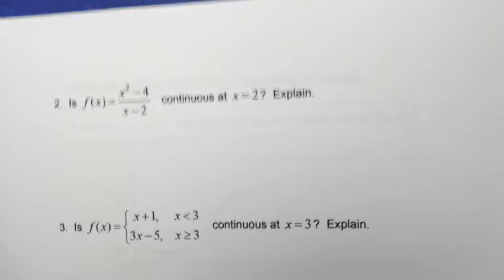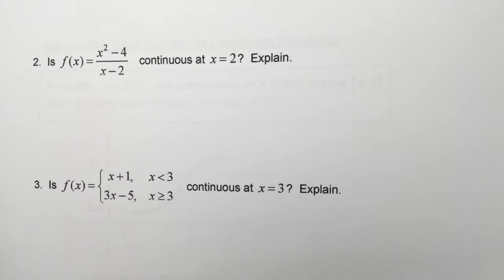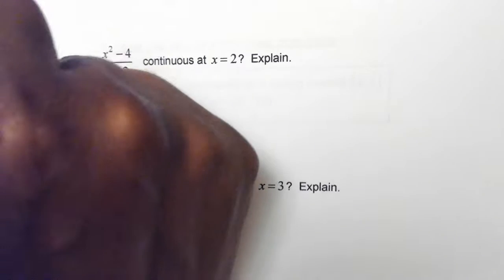Okay, so for problem number 2, we have the function x squared minus 4 divided by x minus 2, and we want to know, is f of x continuous at x equals 2? So our first step, remember, is to figure out what is f of 2.